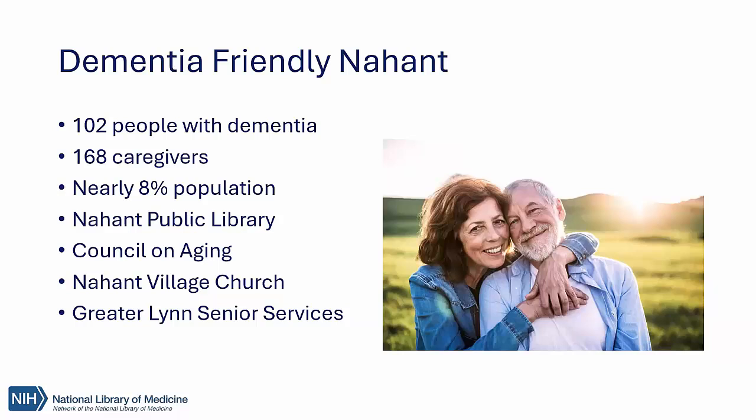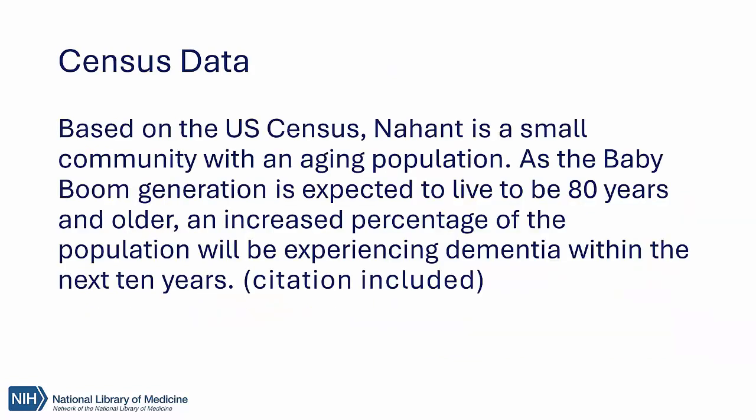We hope to create meaningful experiences and decrease feelings of isolation in the affected families while increasing understanding within the Nahant community. So the proposal was supported by 3 data resources.